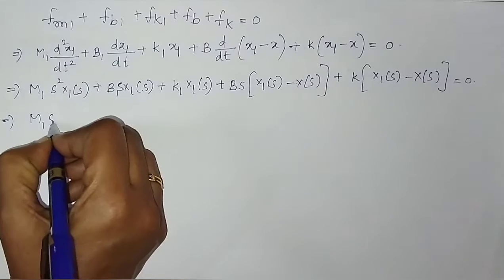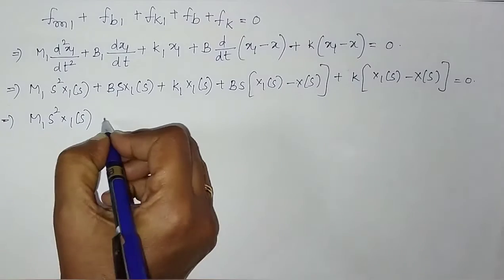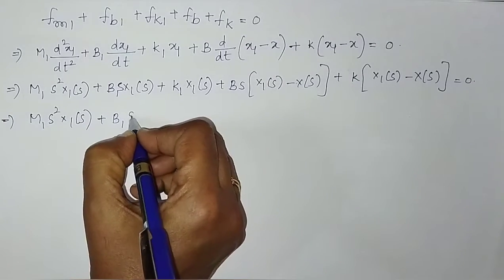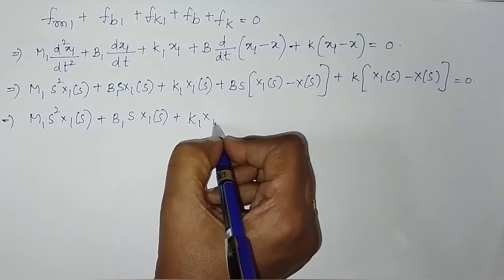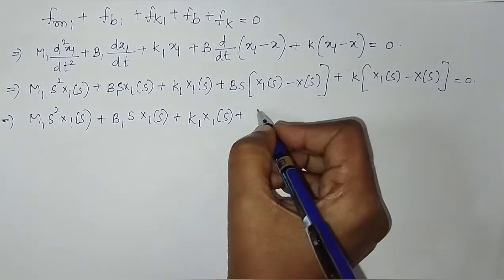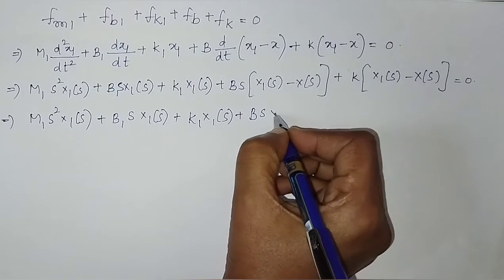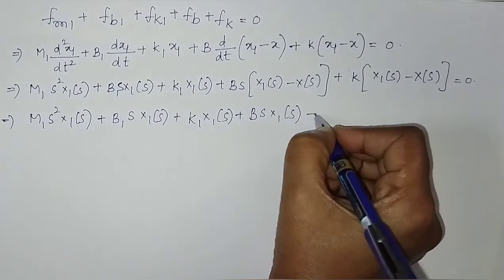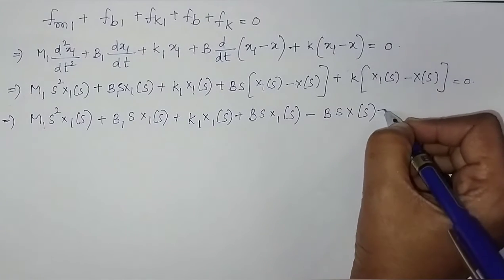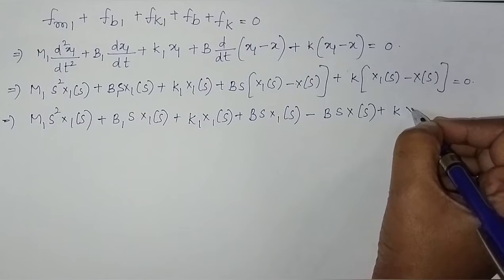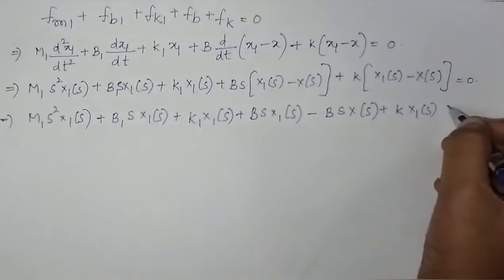Expanding, m1 s square x1 of s plus b1 s into x1 of s plus k1 x1 of s, plus b into s into x1 of s minus b into s into x of s, plus k into x1 of s minus k into x of s equal to 0.